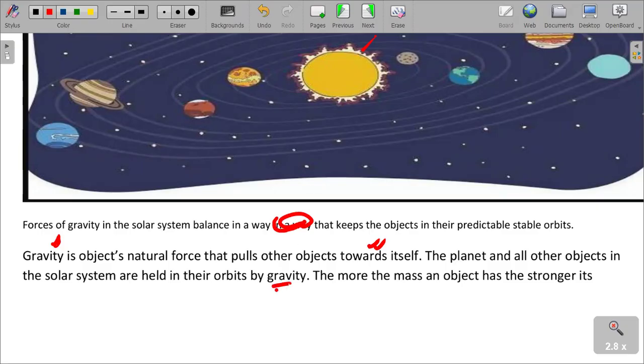The more mass an object has, the stronger its gravitational force. That is one thing we need to understand.